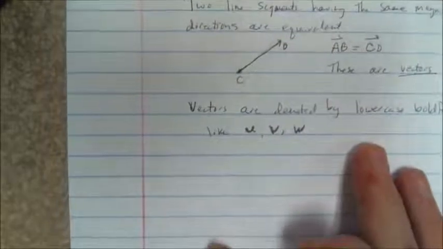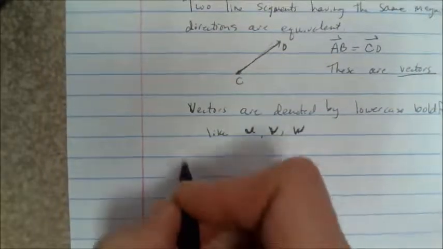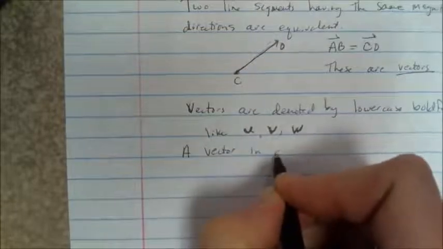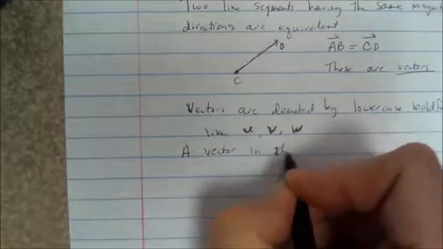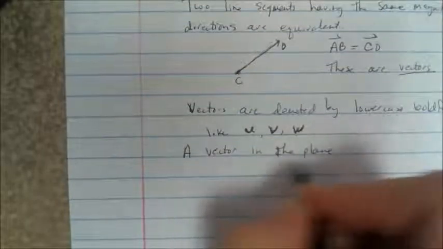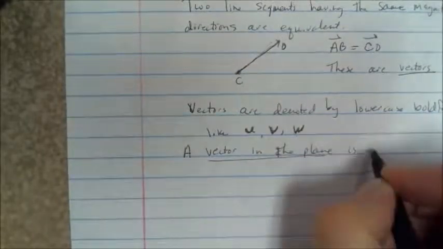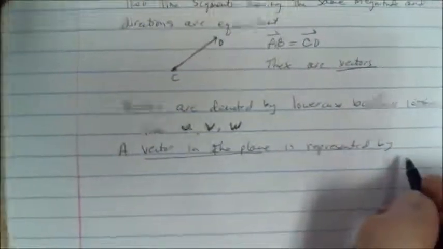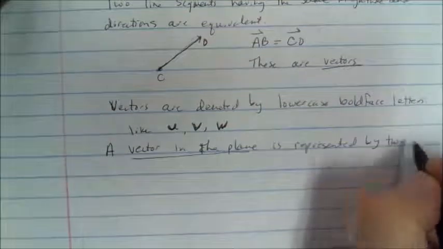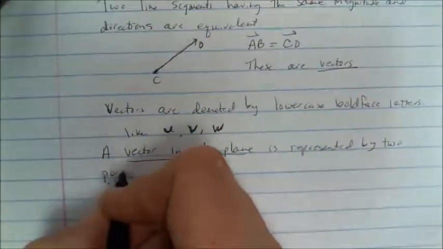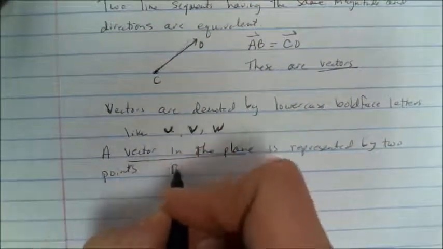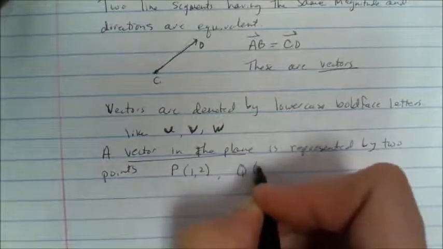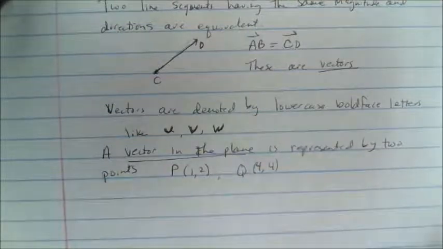Now, a vector in a plane can be represented by 2 points. Perhaps you will have point P at (1, 2), point Q at (4, 4).